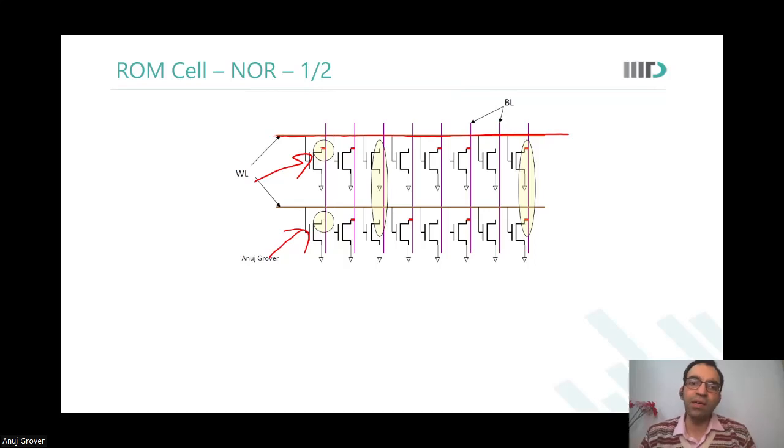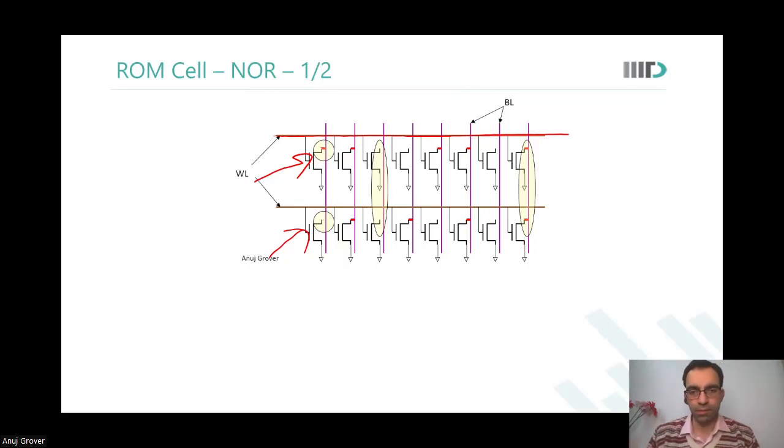If I'm not connecting, then when the word line goes on, the bit line would not discharge. So I've kind of programmed that cell to 1. So we are doing that programmation, and over here we are either connecting the bit line to the transistor or not connecting it to the transistor.